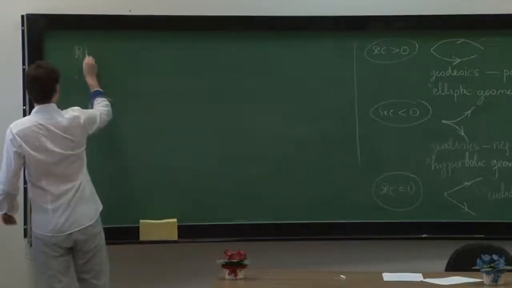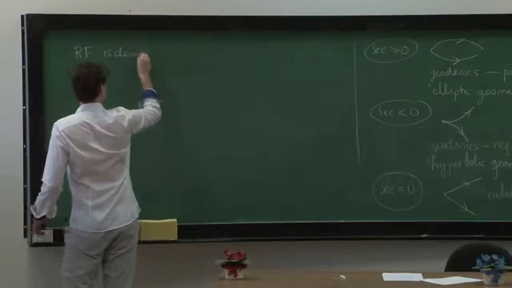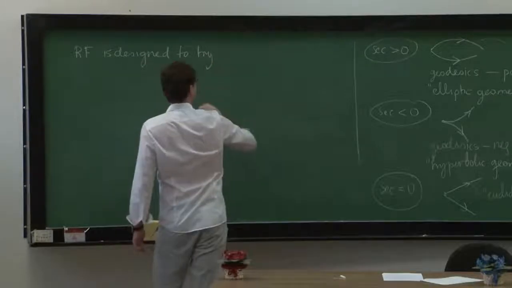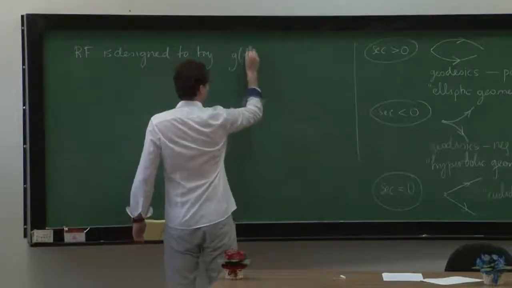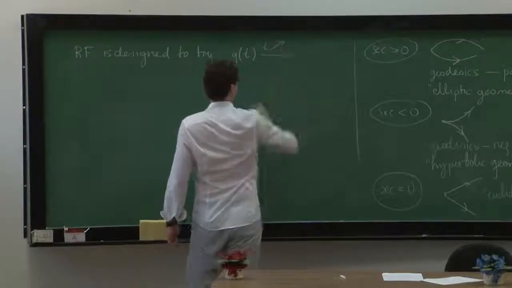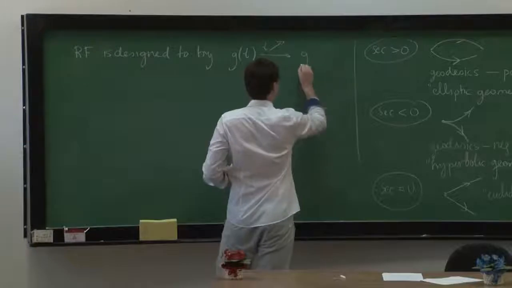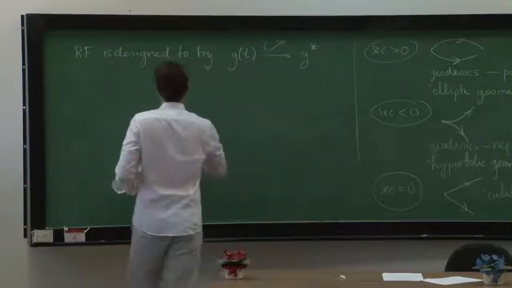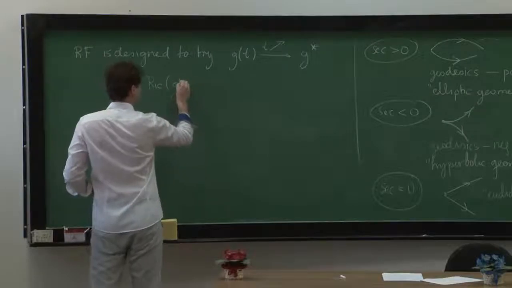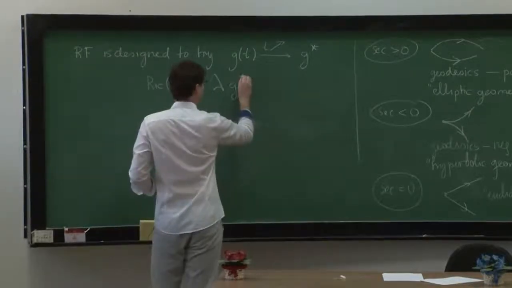So Ricci flow is designed to try the following thing: to make a metric nicer into something like g star, where the Ricci curvature of g star equals some constant times g star.